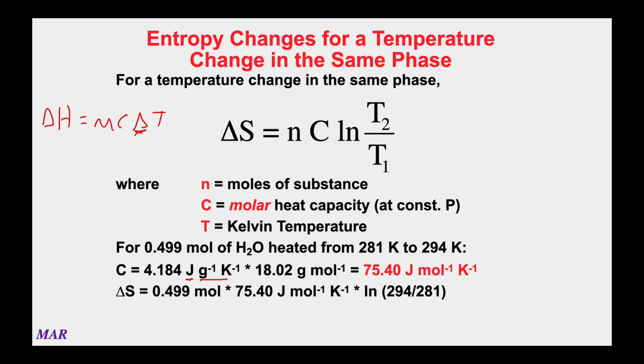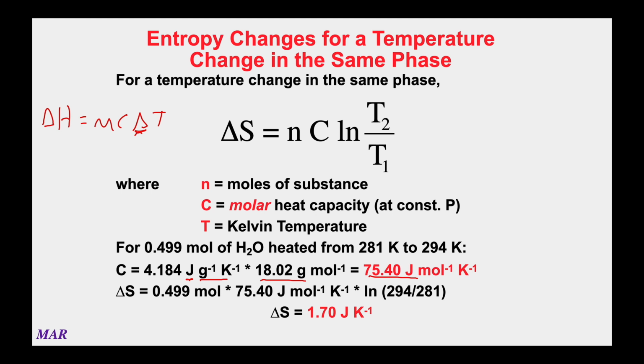So in order to turn it from a grams heat capacity to molar heat capacity, we essentially have to multiply by the molar mass. So 75.40 is the molar heat capacity of water. And we've never used it because we don't usually do molar heat capacities, at least in the earlier classes. But for this problem, that's what you need. So once you have that number, take the moles, multiply it by the molar heat capacity of water, natural log 294 divided by 281, entropy change 1.70 joules per Kelvin.